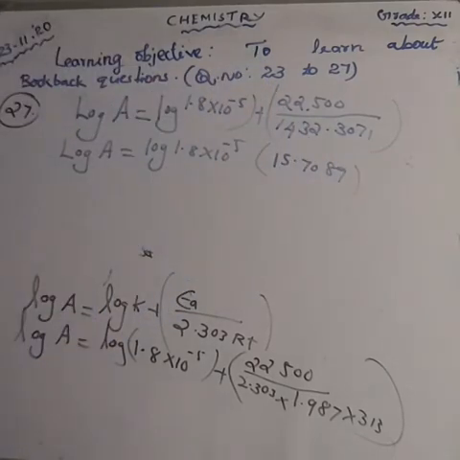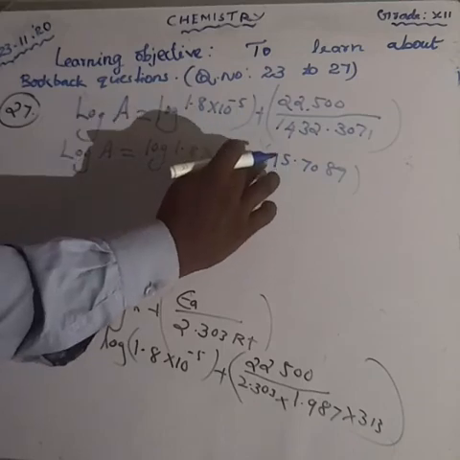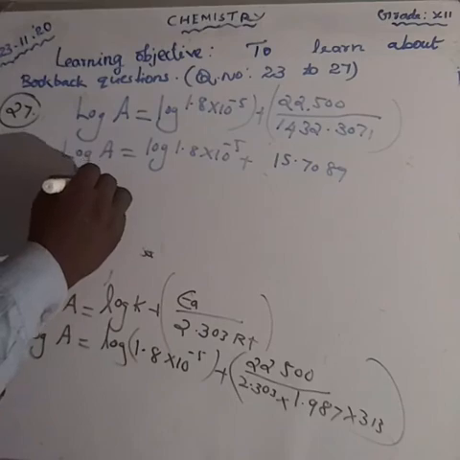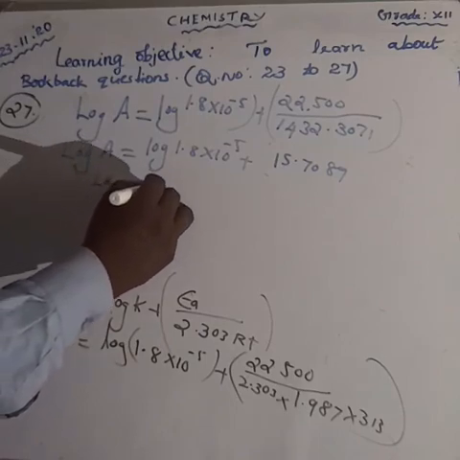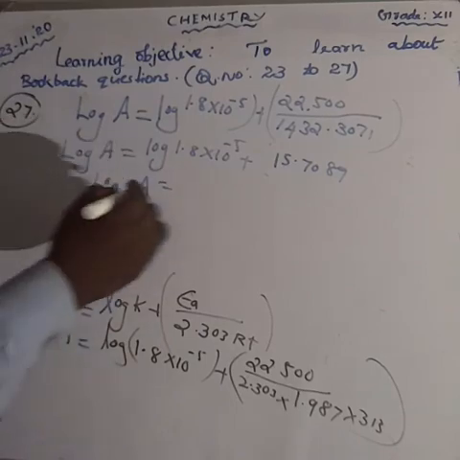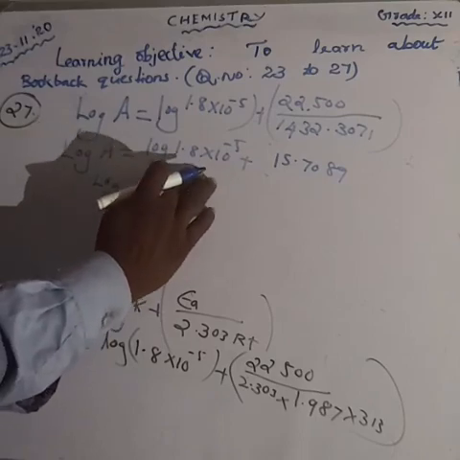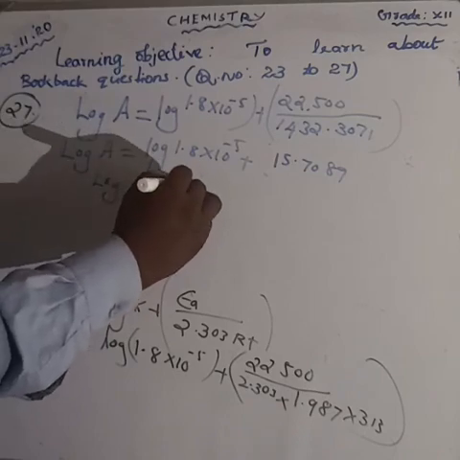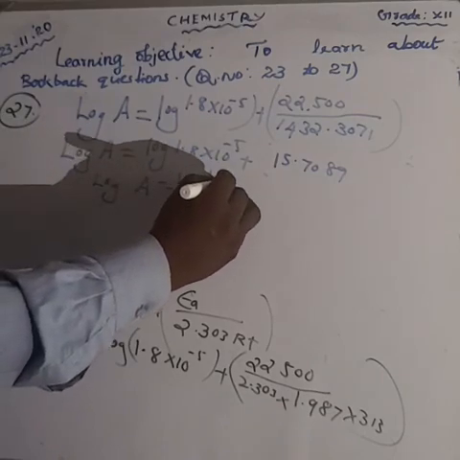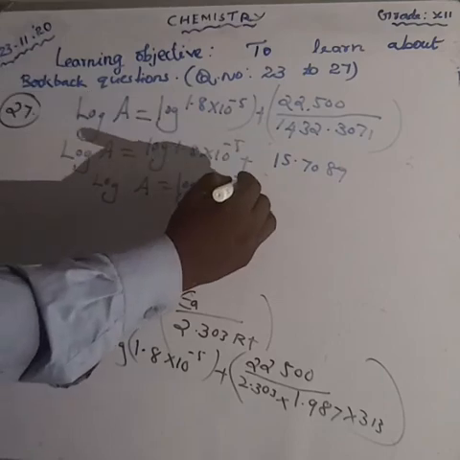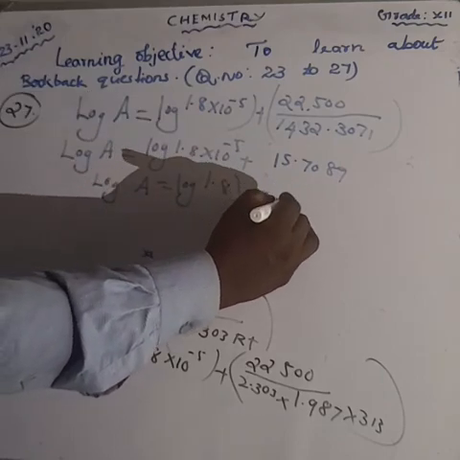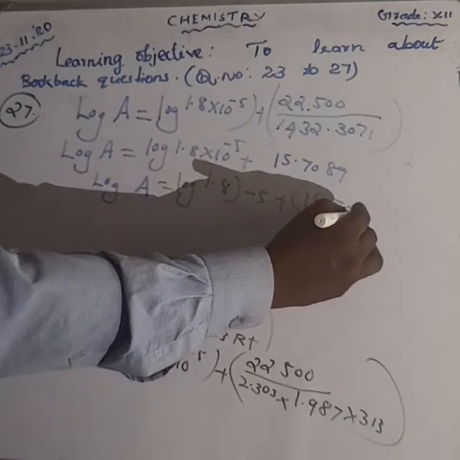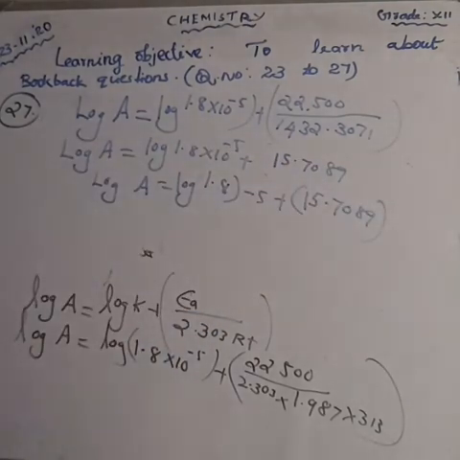So we should add this one. Log A is equal to log of 1.8 into 10 raised to minus 5, so minus 5, plus 5.7089.